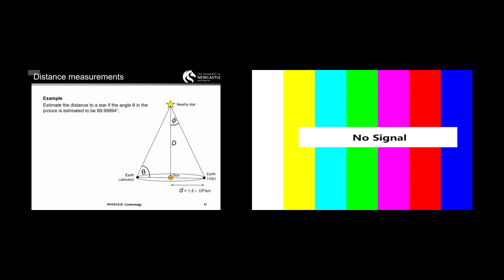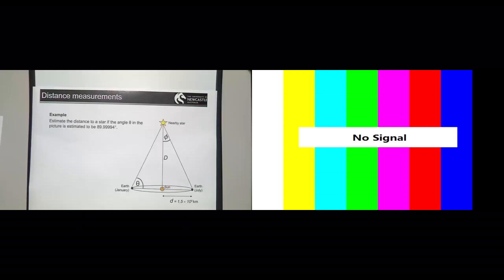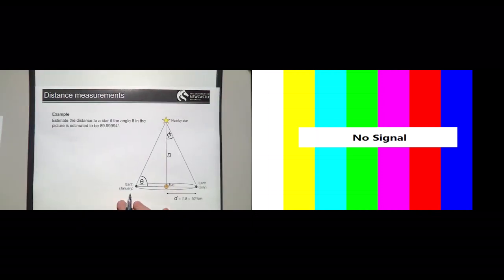Right, so we're going to try and do an example here. If I can switch over to the document camera. Okay.